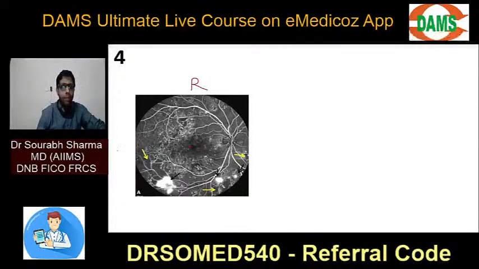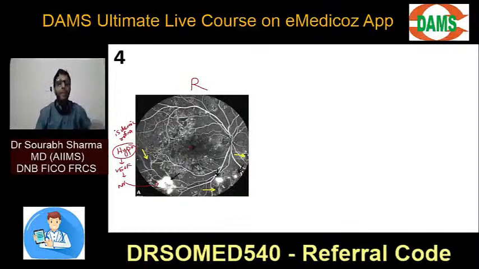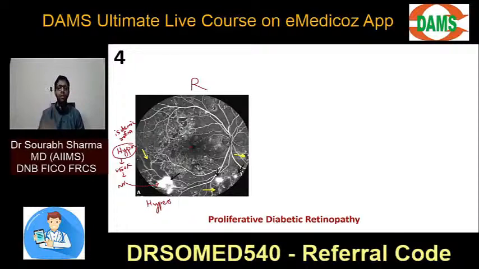Hypo, dark. These are ischemic retina. And what does ischemic retina produce? I told you, it produces VEGF, and VEGF produces new vessels. What are these black arrows? These new vessels are leaking the dye; they are hyperfluorescent. So what is this picture? This is advanced proliferative diabetic retinopathy.